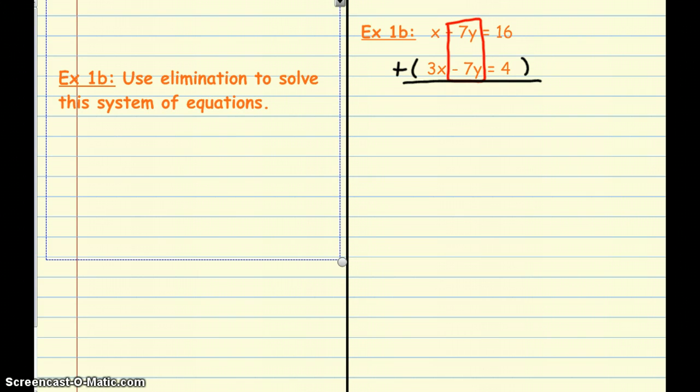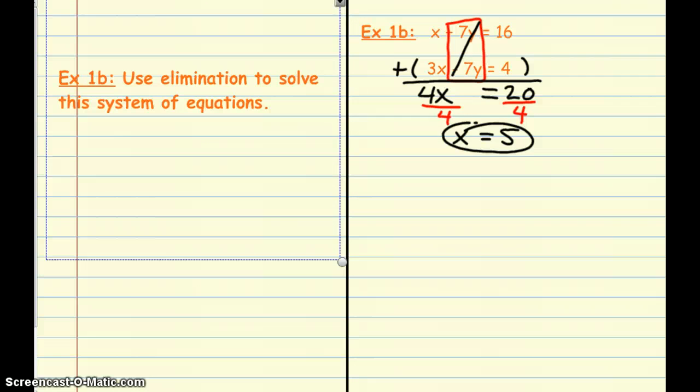Again, we choose to add because those 7y's will cancel. x plus 3x equals 4x. The y terms cancel. Equals 16 plus 4 is 20. And we're going to solve for x, so I'm going to divide both sides by 4, and so we get x equals 5.